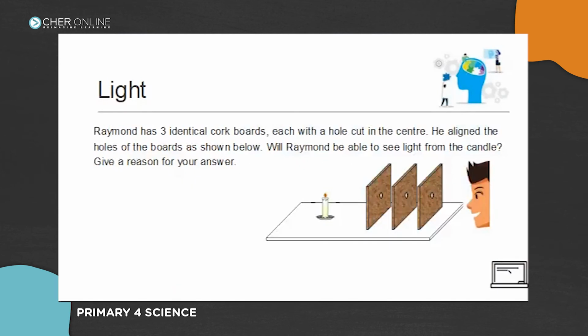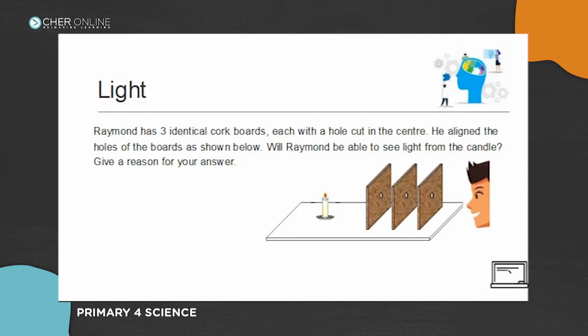Okay, let's look at this. Raymond has three identical boards, each with a hole cut in the middle. He aligned the holes. Align means put them in a straight line, directly next to each other so that the holes are all in a straight line. Will Raymond be able to see light from the candle?